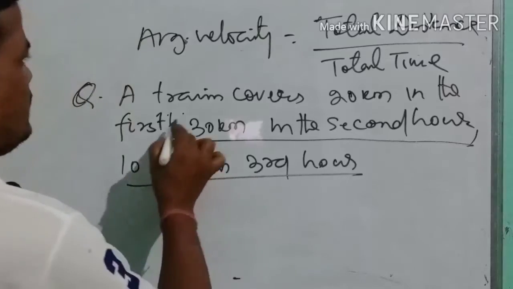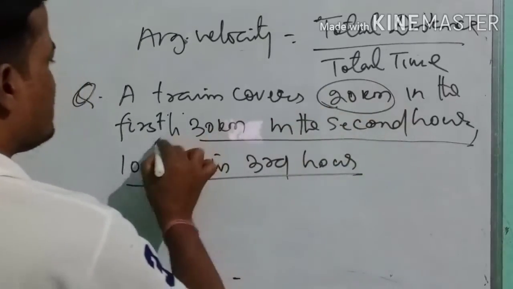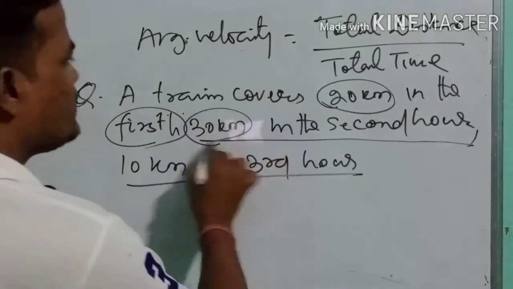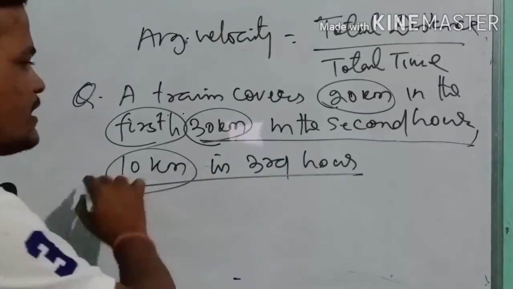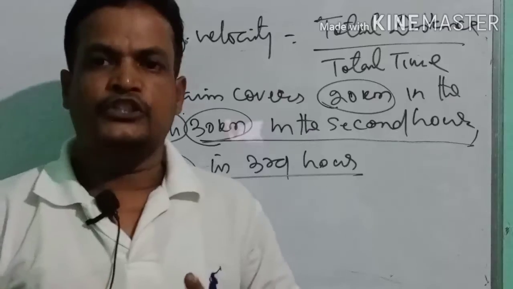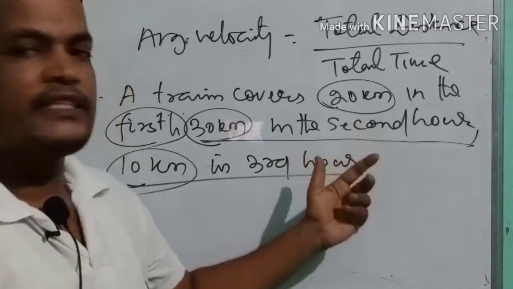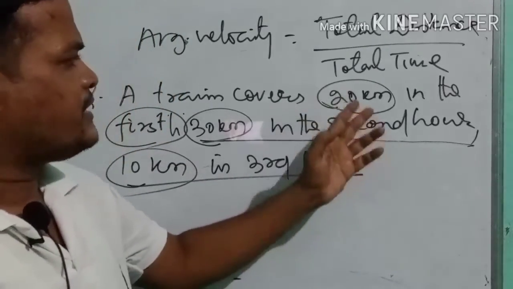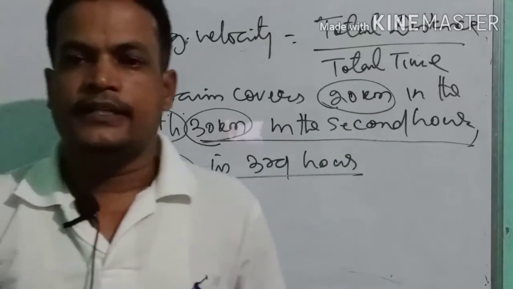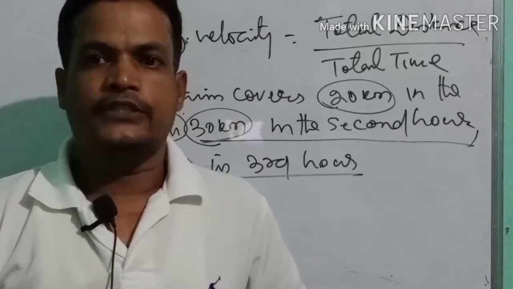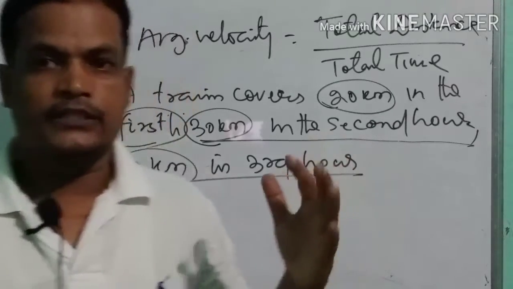That means the train covered its journey in a total of 3 hours, and the distances are 20 kilometer, 30 kilometer and 10 kilometer.